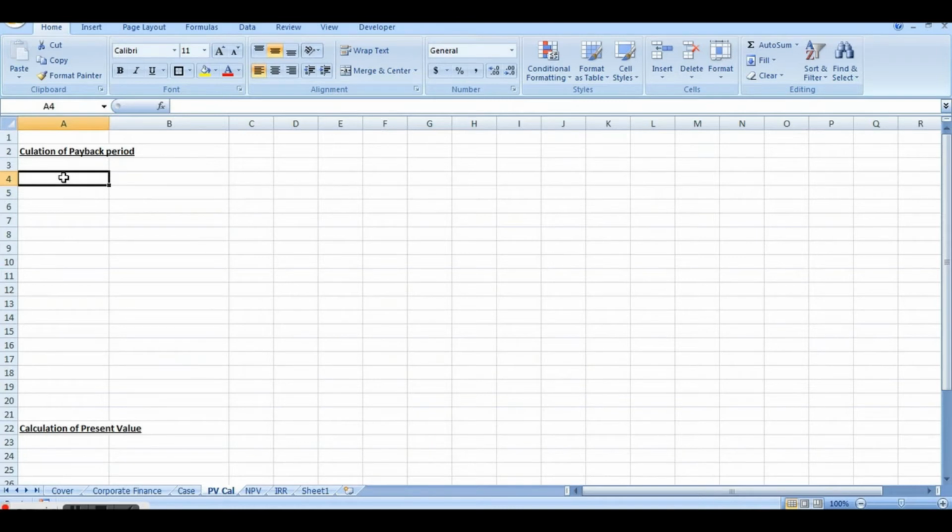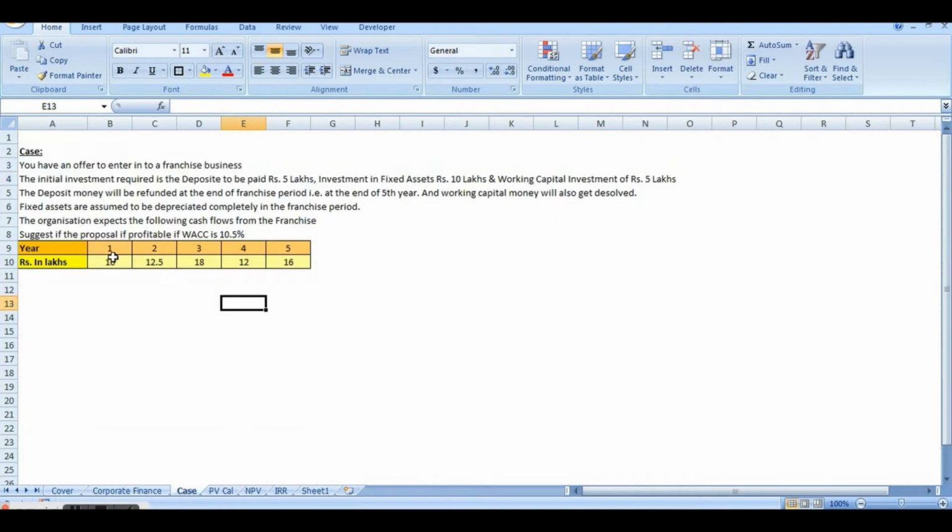First we will try to prepare the cash flows table. The information given to us is related to cash inflows. So let us copy it.